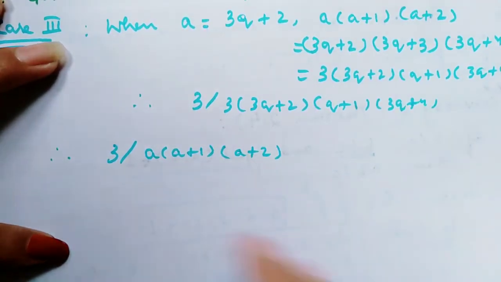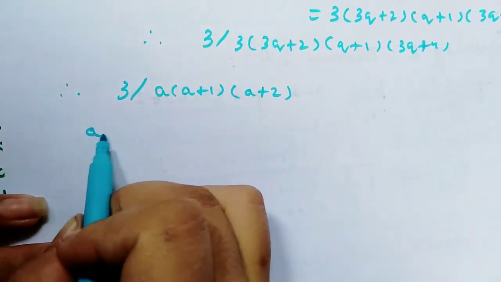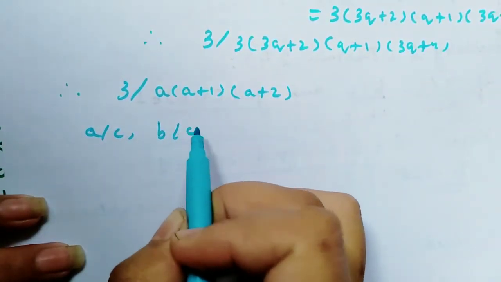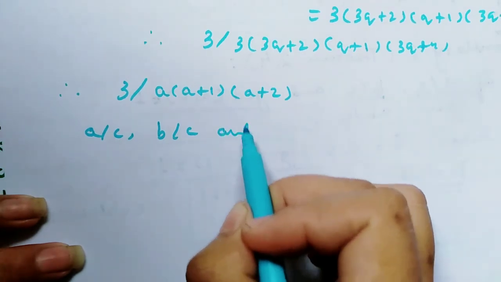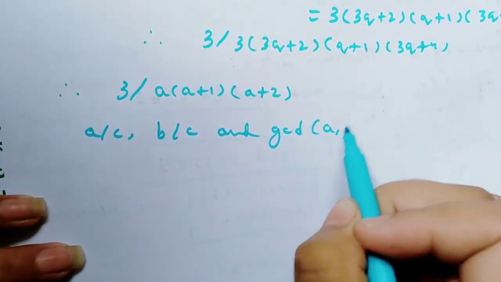Now, we have checked that a divides c, b divides c, and we have also seen that the GCD of a and b is 1.